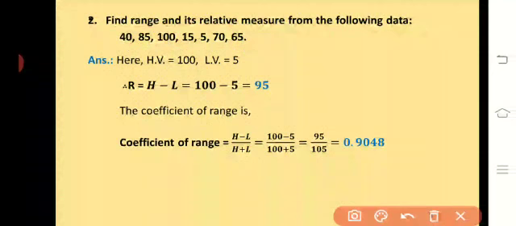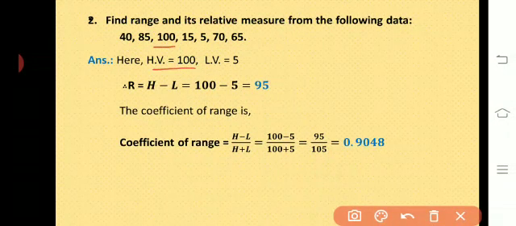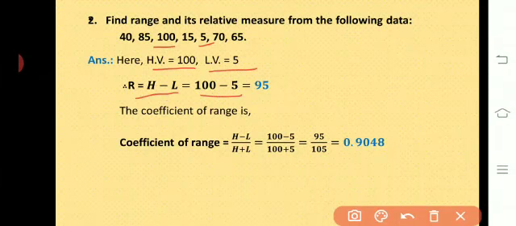If you observe the data, the highest value is 100, so H is equal to 100, and the least value is 5, so L is equal to 5. Then we have the formula R is equal to H minus L, that is 100 minus 5, so you get range R is equal to 95.